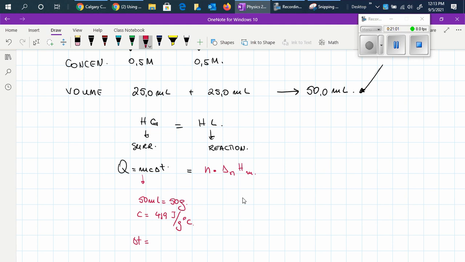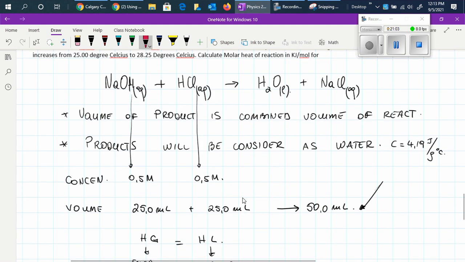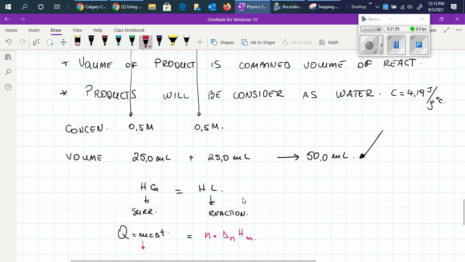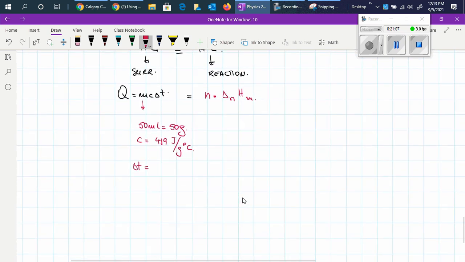So in our case, it will be 28.25 minus 25. So the change of temperature is 3.25 degrees Celsius. So we have the heat here. We are able to calculate the heat.